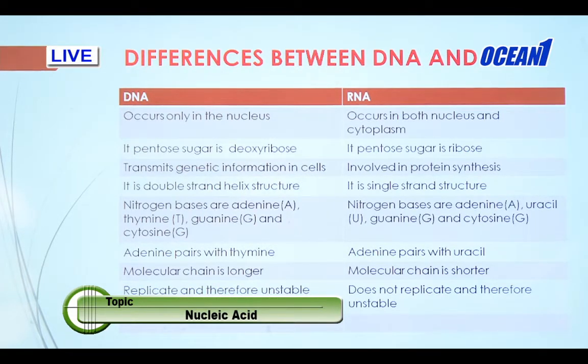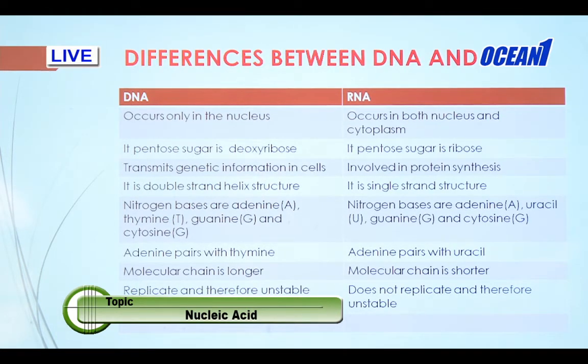But before we take that one, let's quickly look at the differences between DNA and RNA, so that when we come to the nucleotide, we could actually take time and look at the nitrogenous base in details. So the differences between DNA and RNA.